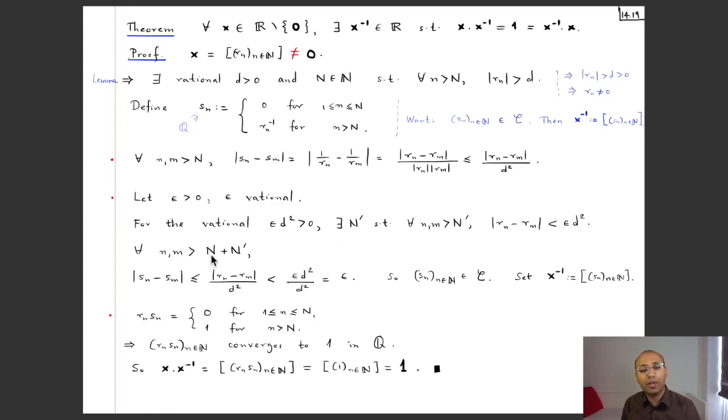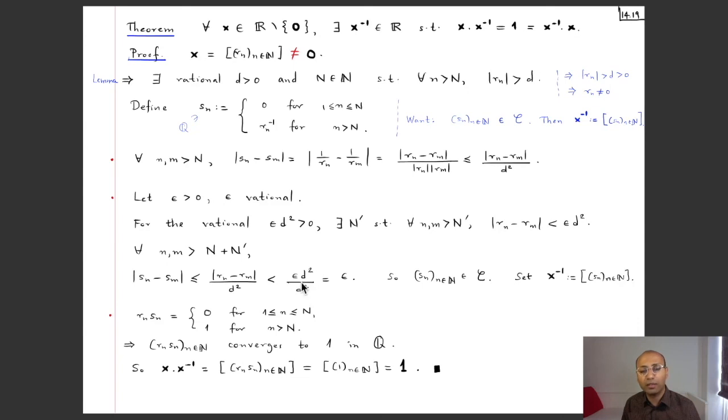Now if I take the index capital N plus capital N prime, and I take any two indices beyond this, then in particular n and m are bigger than capital N, so that this estimate holds. And so the mod of Sn minus Sm is less than or equal to mod Rn minus Rm by d square, and moreover, since little n and m are also bigger than this capital N prime, this estimate holds too, so that the numerator is less than epsilon d square, and in the denominator we have d square.